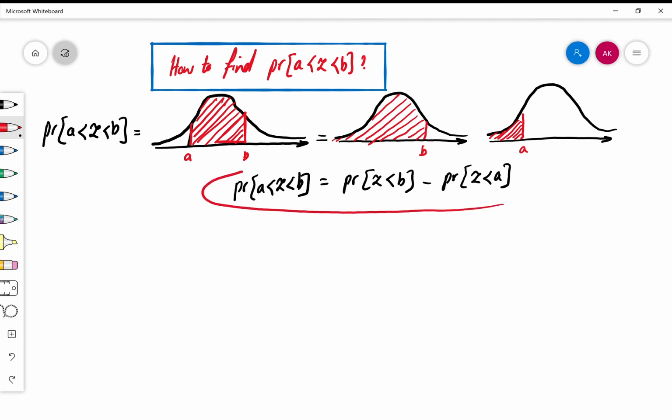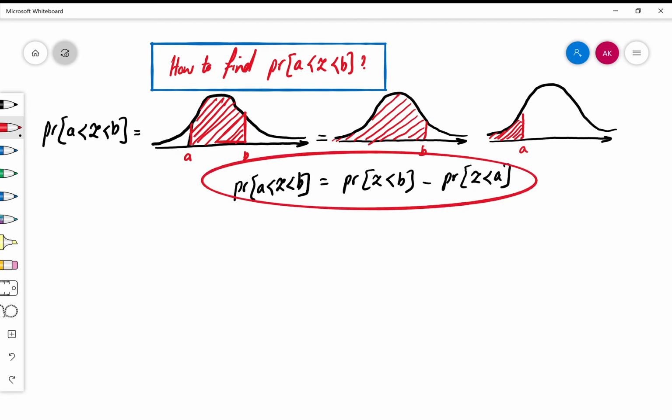This is the formula we would use. Actually, this is true always for all continuous random variables. And a comment here is that you can put equalities. You can have this less than or this less than or equal. Both of them don't matter because z is a continuous random variable, and those will give you the same values.